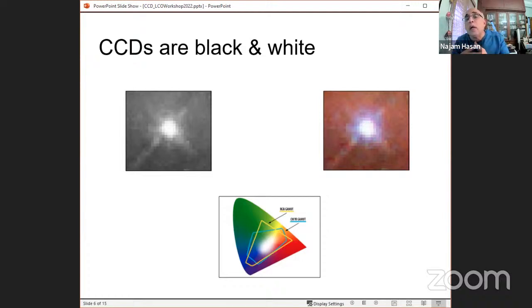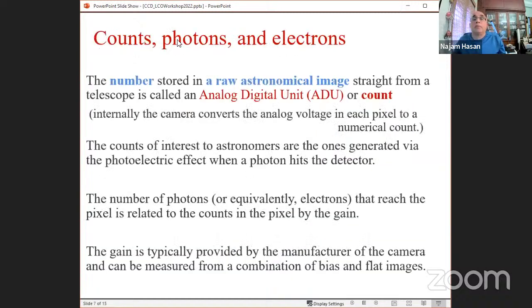So if the object itself is blue, then the blue filter would give a higher reading. So the counts you get from the blue filter are higher than those in the red. And that way you can construct these images. So you require preferably 3 different filters, and you can construct these images.